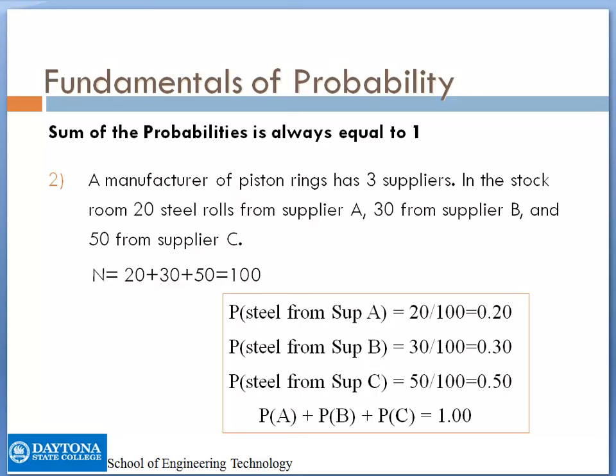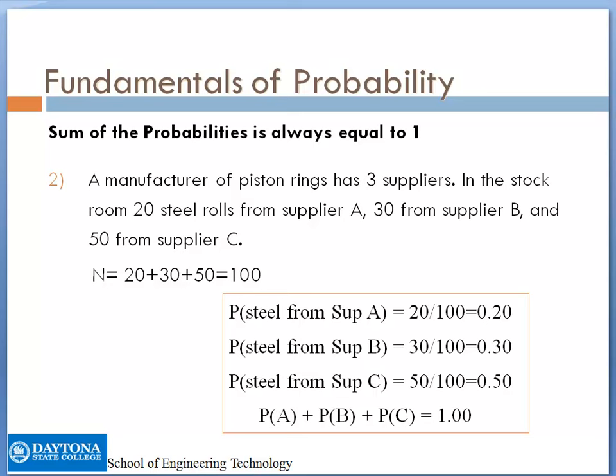From the different theorems, we know that the sum of the probabilities is always equal to 1, the probability of one event. So a manufacturer of piston rings has 3 suppliers. In the stockroom, 20 steel rolls are from supplier A, 30 from supplier B, and 50 from supplier C. So the question will be, what is the probability that the steel is coming from supplier A, or that the steel is coming from supplier B, or that the steel is coming from supplier C?